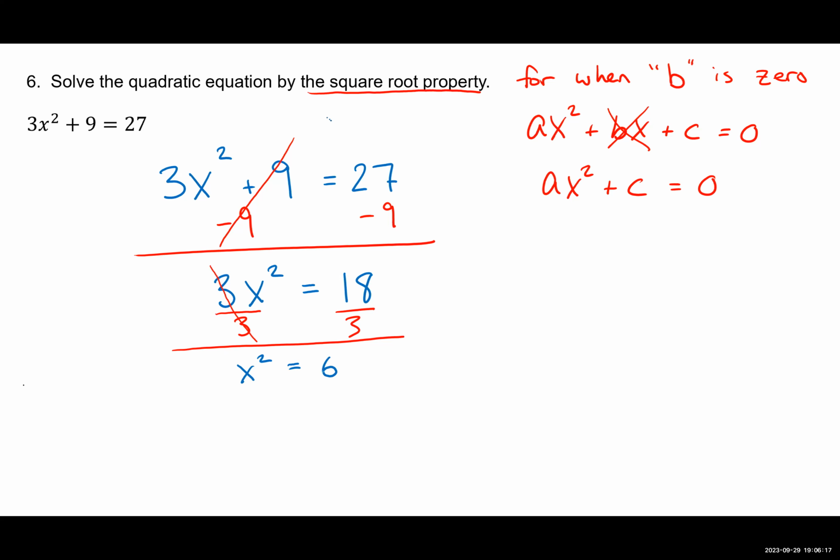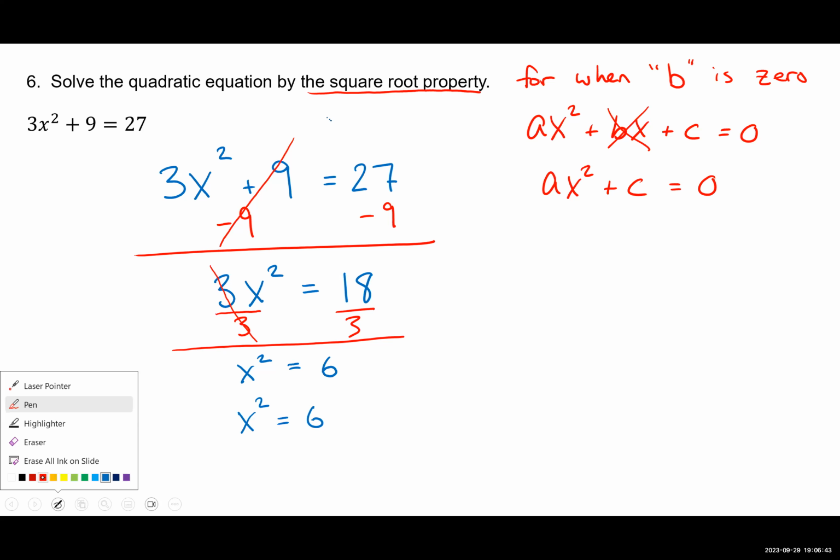And now we're going to use what we had on the previous slide. Take the square root of both sides of the equation. What's the square root of 6? So let me rewrite this. X squared equals 6.